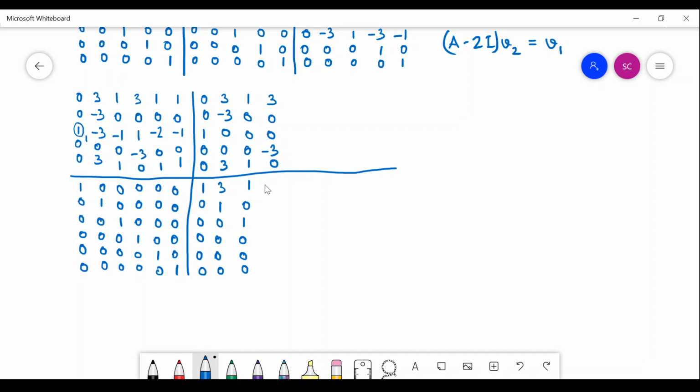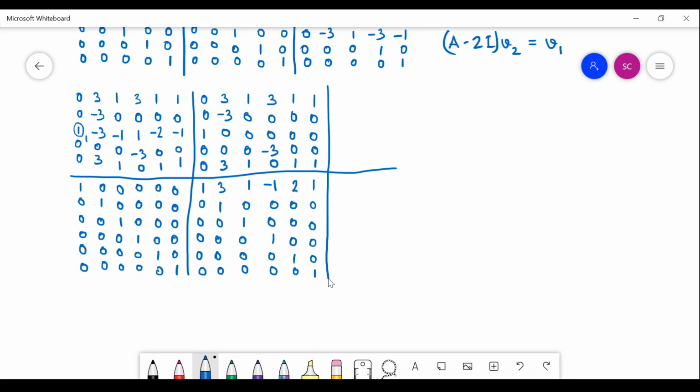The operation repeats. Now you can choose this as your pivot element.